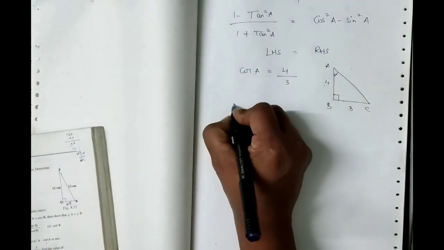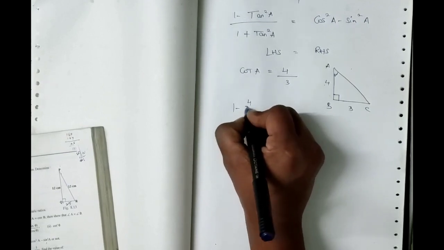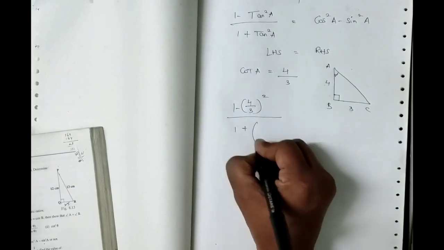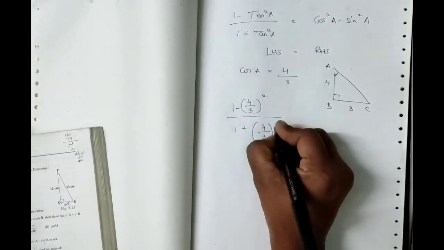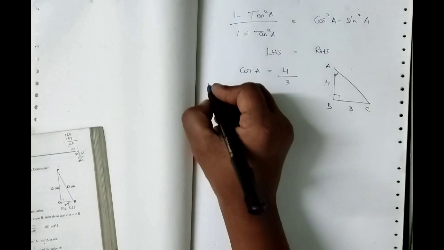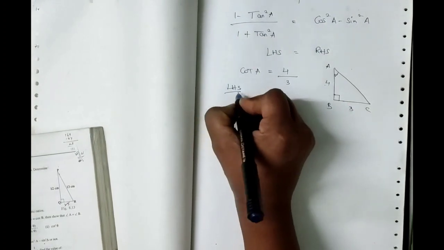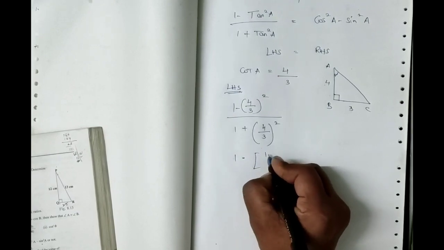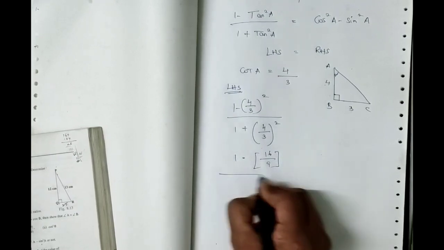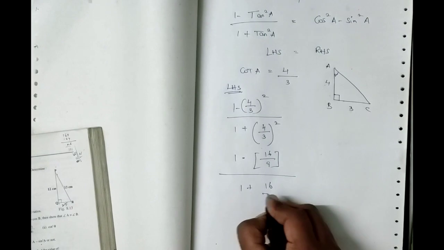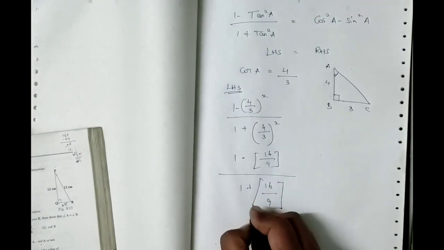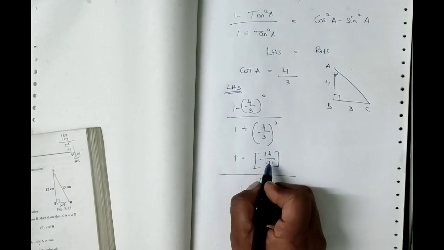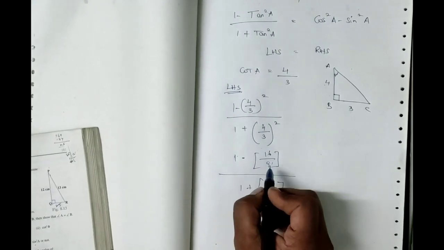Simple. So 1 minus tan square A will be 1 minus 4 by 3 the whole square divided by 1 plus 4 by 3 the whole square. This is LHS. We are proving for left hand side. So 1 minus 16 by 9 the whole divided by 1 plus 16 by 9. So which will be 9 will come here. So this is minus 7 by 9.